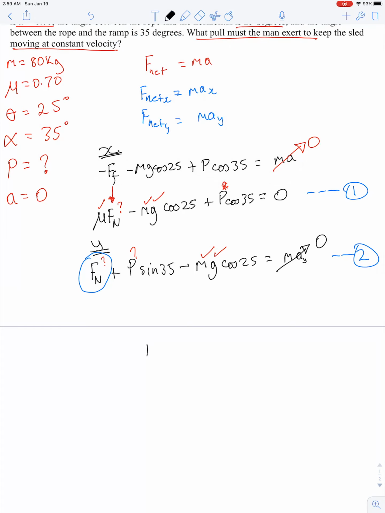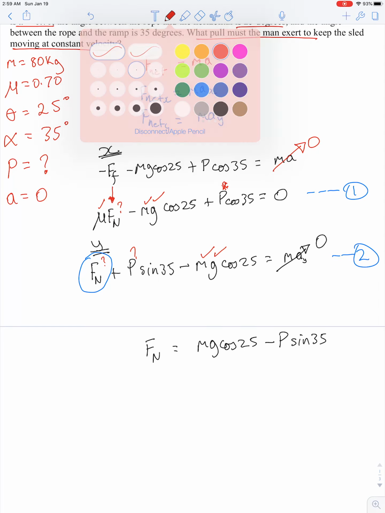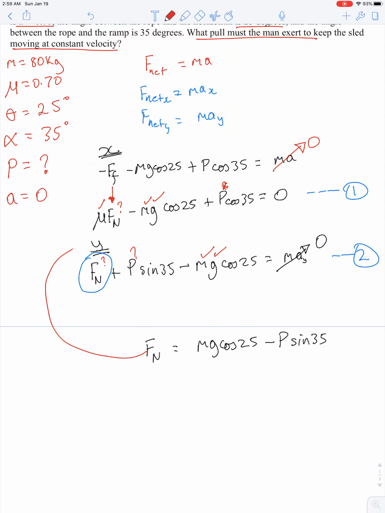So that would mean Fn is equal to mg cosine 25 minus P sine 35. There. So now you ask yourself, what do I do with this? Well, because Fn is equal to that, I can substitute it all the way back here. So let me write that down.